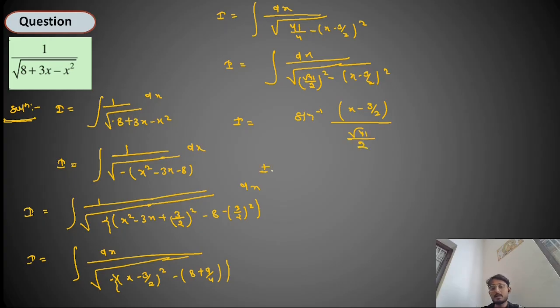So you can write I equal to sine inverse of 2x minus 3 upon root 41 by 2. The 2 will cancel out from each other. So you can write I equal to sine inverse of 2x minus 3 upon root 41. This is the final answer, plus c.